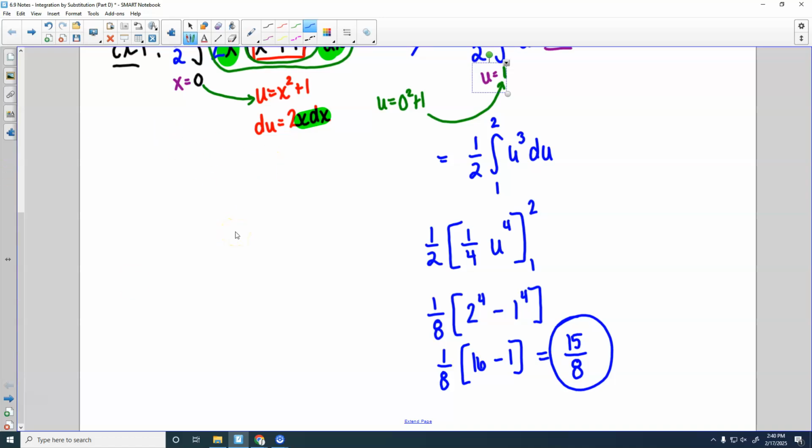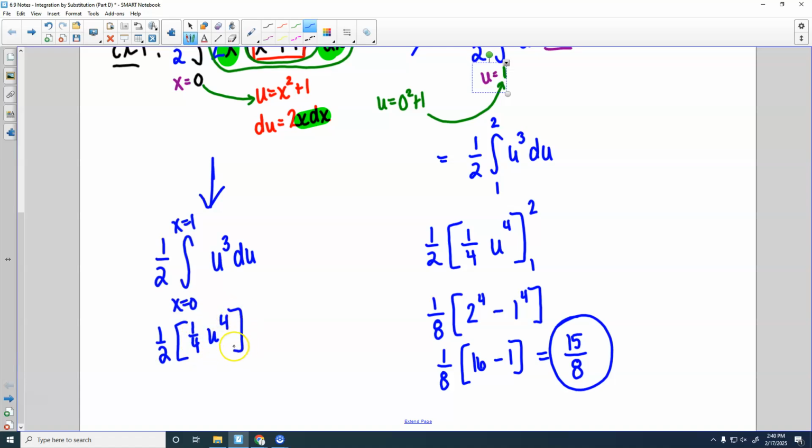Now, it is possible to do this without doing what I just did. You could have done x equals 0, x equals 1, but you would need the x's there for it to be correct. With u to the 3rd du, you would still do 1/2 times 1/4 u to the 4th, from x equals 0 to x equals 1.